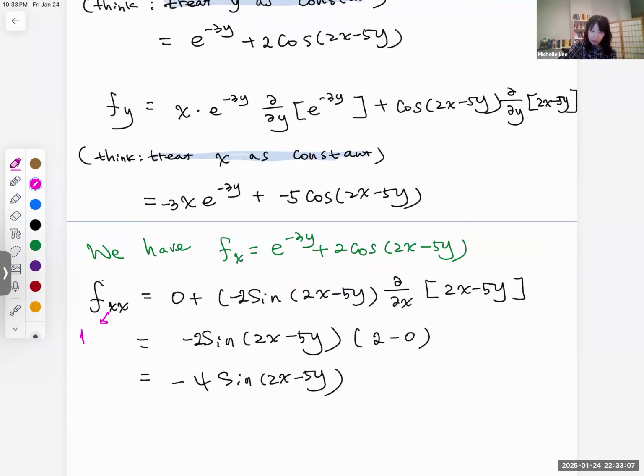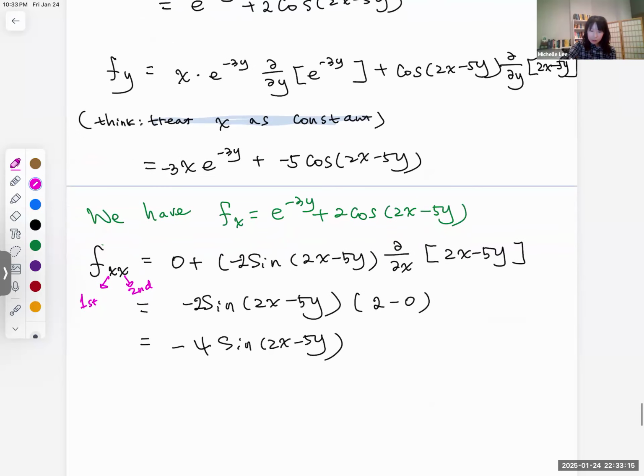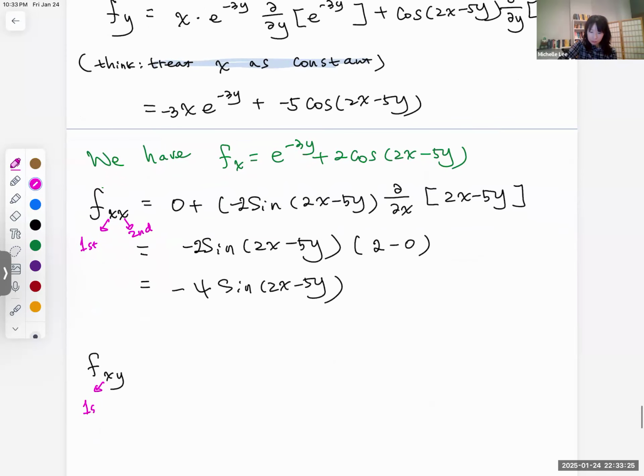So this is the first, this the second. How about we take the first, then the second. This time we're looking at y, so the derivative with respect to y.